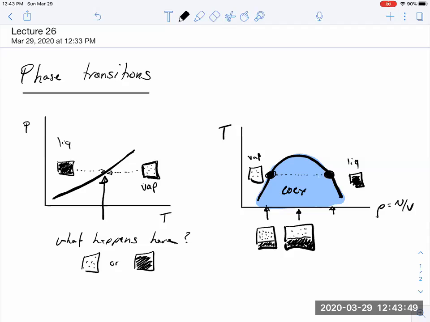In contrast, if we were to increase the density under that coexistence curve, all that would mean is not that, again, the density within the liquid or the vapor changes, it's just that we have more, in this case, liquid than we have vapor, in the right proportions to set that density to be what we want. Okay?